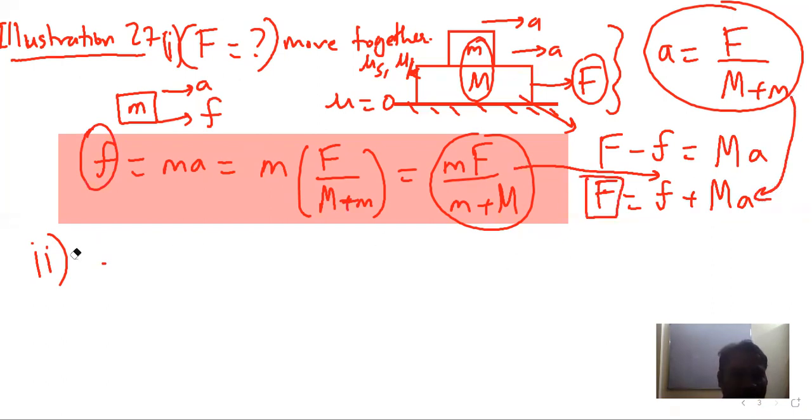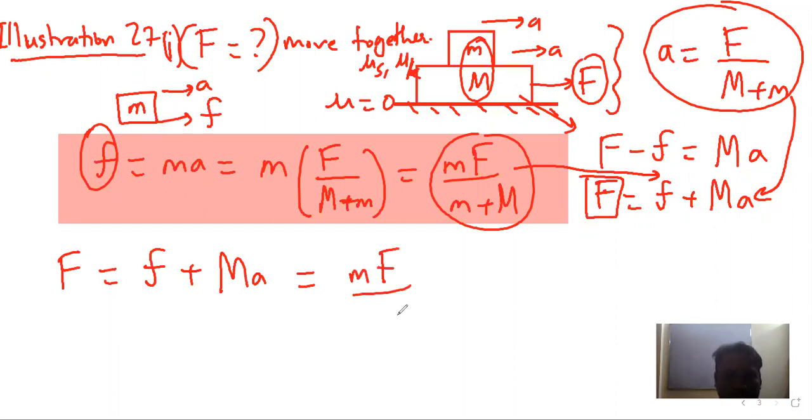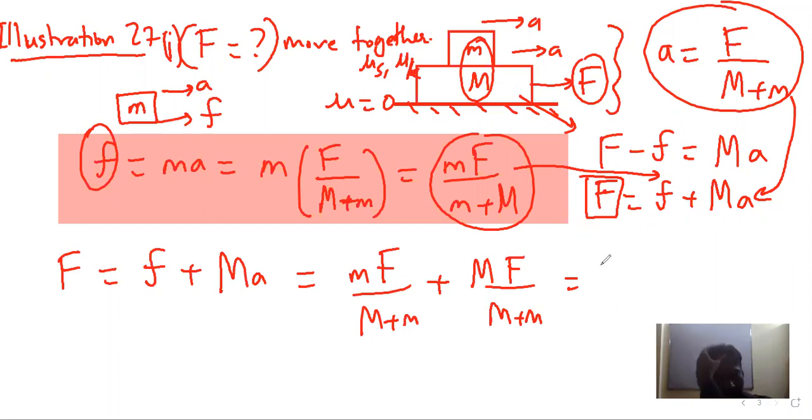So first let us get the value of capital F. So capital F is equal to small f plus capital M into a. So small f is nothing but mF upon m plus M. It comes out to be capital F itself.